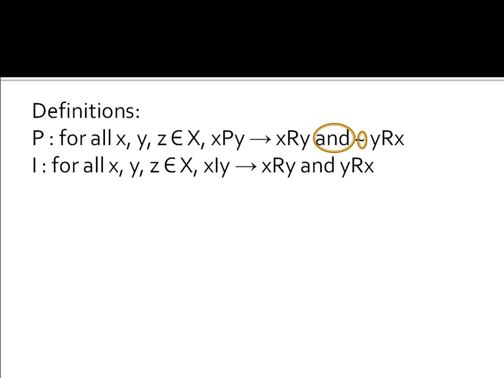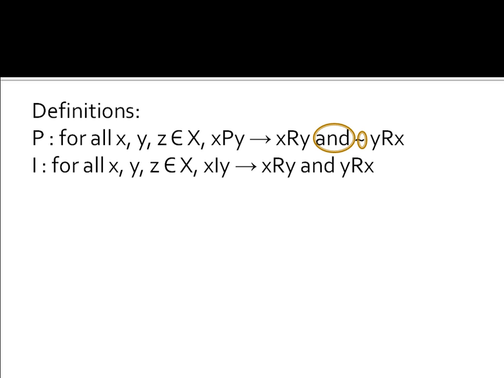I, that is the indifference relation: for all x, y, z belonging to capital X, xIy is xRy and yRx. I may not have needed z, but by convention, since we'll be talking about transitivity and other properties, I have taken z also here, but that's not needed, at least in these definitions.